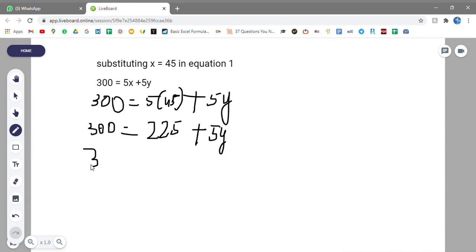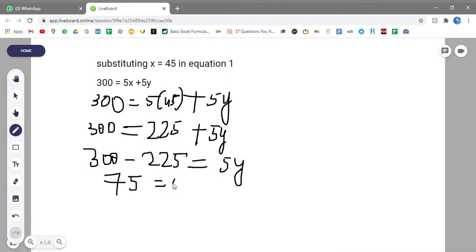Next, 300 minus 225 is equal to 5y. 300 minus 225 will give me 75 is equal to 5y. 75 by 5 is equal to y.